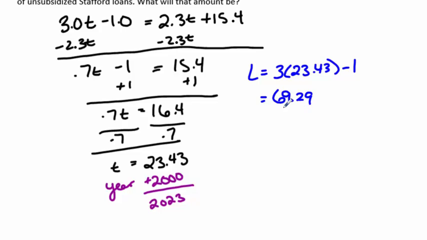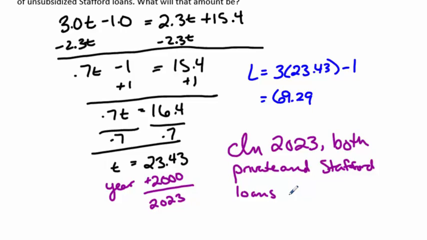Now L is the amount of loans, and what we did when we set the two equations equal to each other was solve for when they were going to be equal. So in the year 2023, both the private and Stafford loans will amount to $69.29 billion.